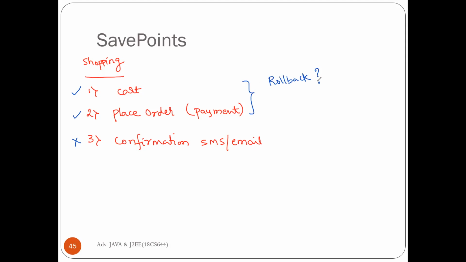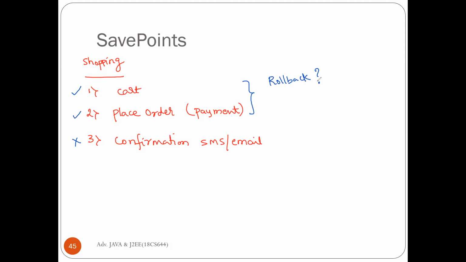So that's why, when a transaction consists of many tasks, some of them don't need to be rolled back when the entire transaction fails. In our case, there are three tasks. For this transaction to succeed, all three tasks must complete.